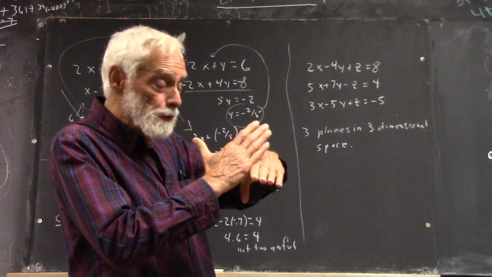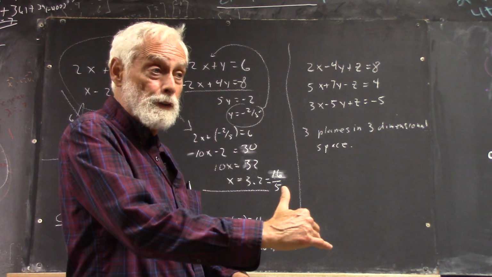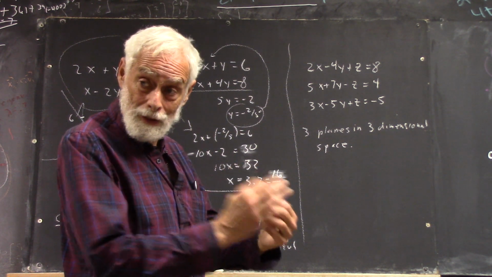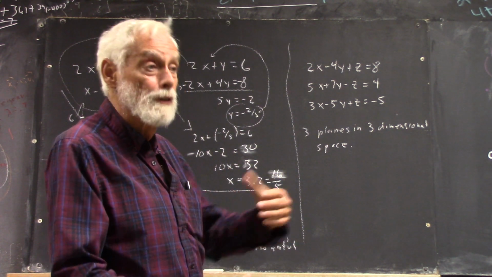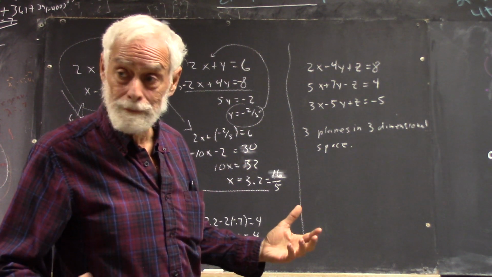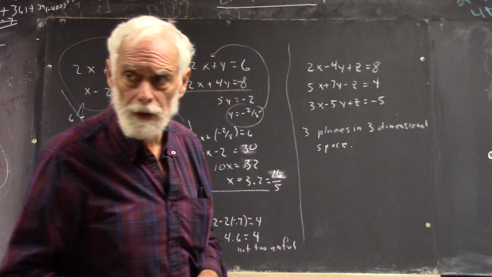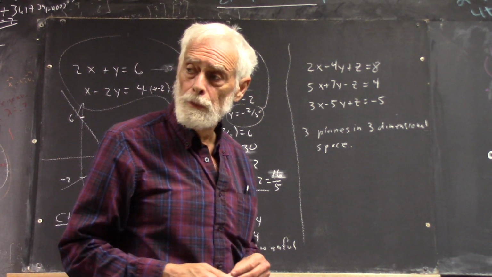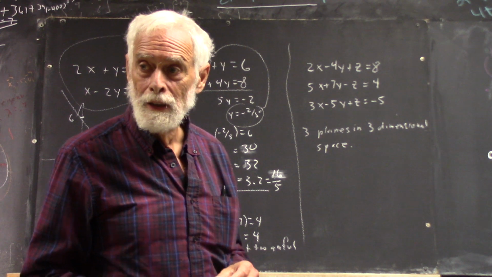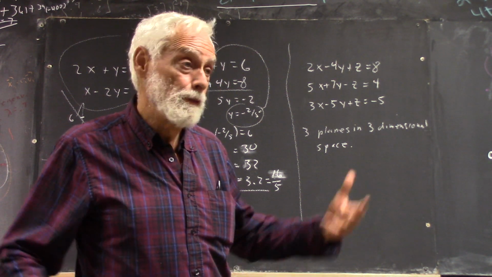Because any two of them intersect along a line, and then the third one will intersect that line. And at that point where the third one intersects the line of intersection with the first two is your solution. So you want to see these things geometrically. The geometrical, two-dimensional, three-dimensional intuition guides a whole lot of introductory linear algebra, and even beyond that.